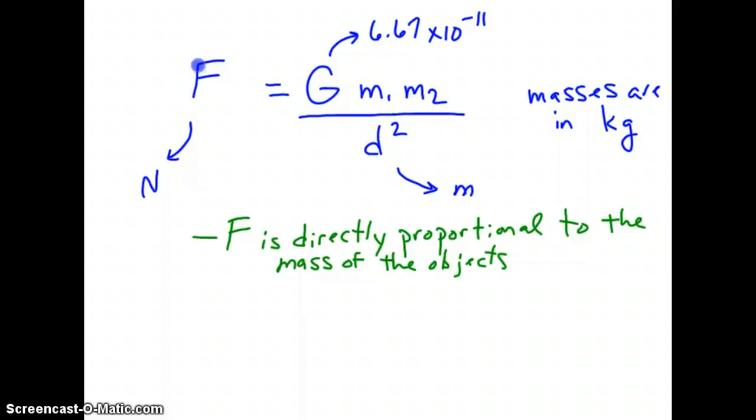Secondly, when the distance between two objects increases, the strength of the gravitational attraction decreases. It goes down. So the farther apart two objects are, the weaker the force of gravity between them. We would say that there is an inverse proportion between the force and the distance.